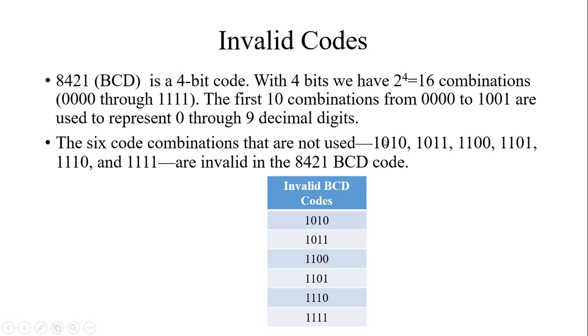That's why in BCD these 6 combinations are invalid in the 8421 BCD code. Maybe they represent some entities in other BCD codes. However, in 8421 code these are invalid codes. These are 1010, 1011, 1100, 1101, 1110 and 1111. They are called invalid codes in 8421 code.